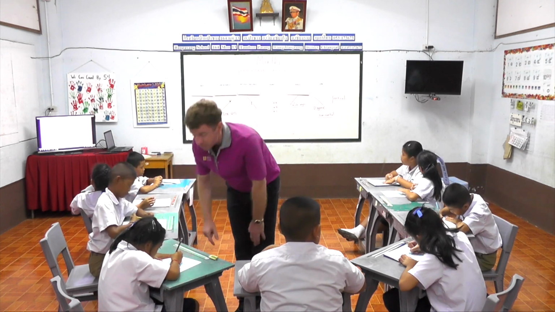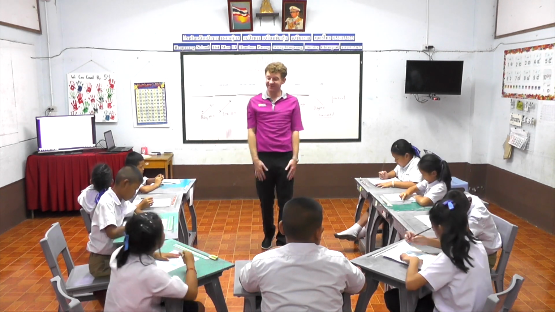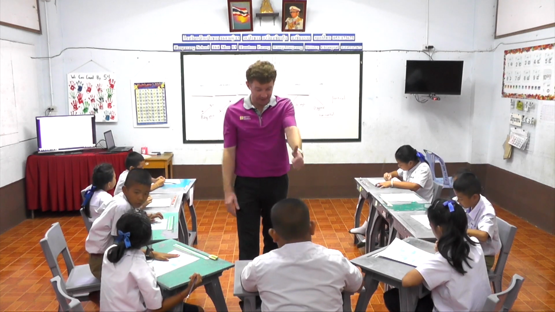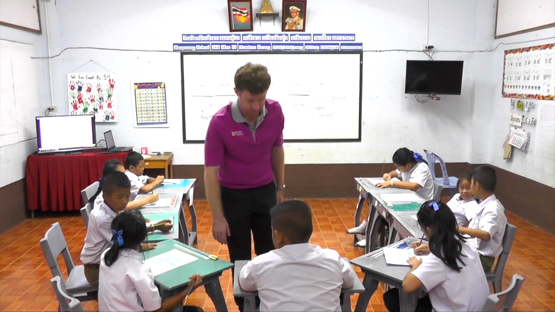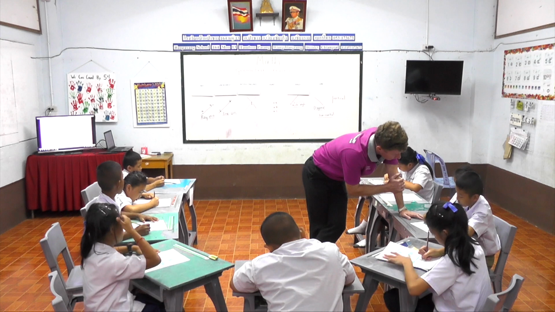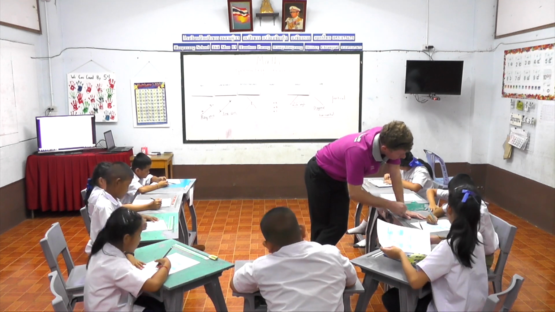Excellent. Pakbung has gone for point P. Very good. P for Pakbung. Excellent, Net. So we've got our intersecting point here. Well done. What we need is a point on our map. Anywhere. How about the shop?